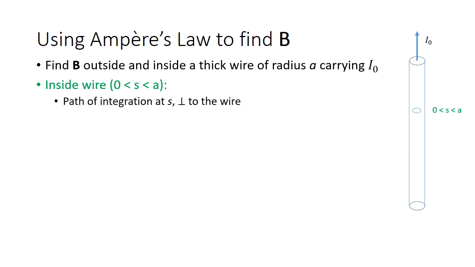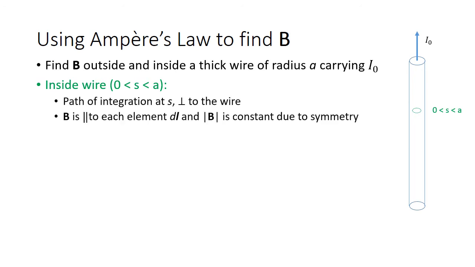It's perpendicular to the flow of current, and it's parallel to the magnetic field. As in the previous case, the magnitude of the magnetic field is constant all along the path of the integral, so we can take it outside the integral. And the integral equals the magnitude of B times 2 pi s.